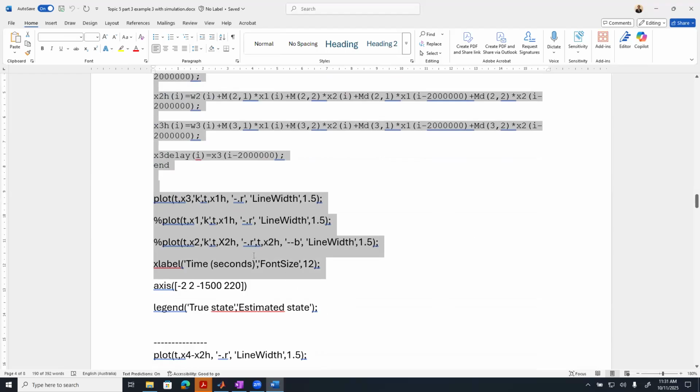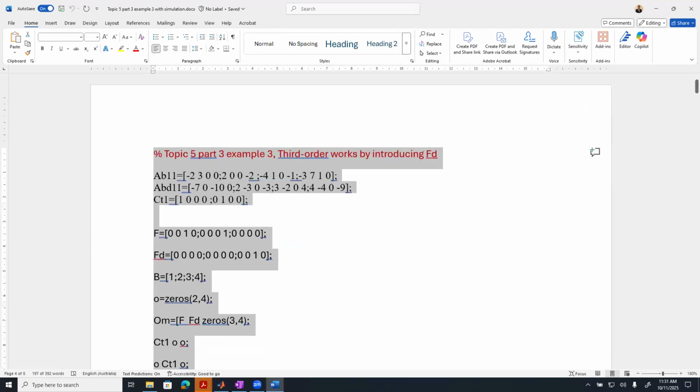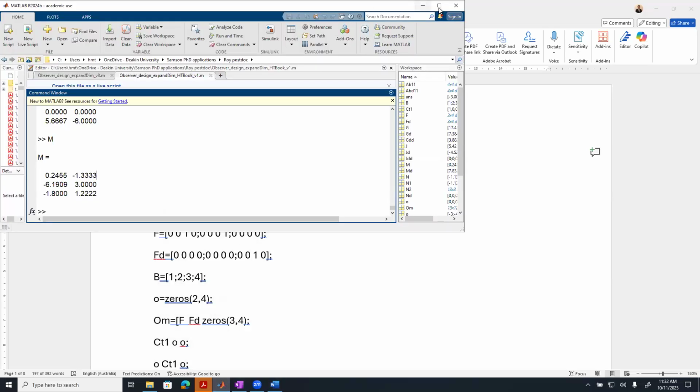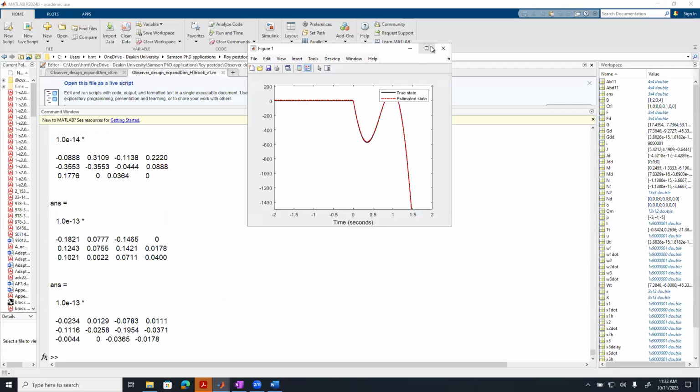So maybe I can take all of that and copy and paste it into MATLAB. And we can see that we are able to asymptotically estimate the unmeasurable stack variable x bar 1 3 using a third order observer without internal delay.